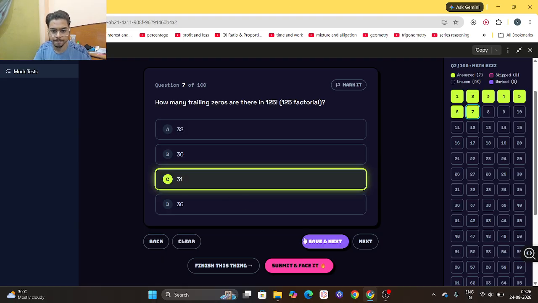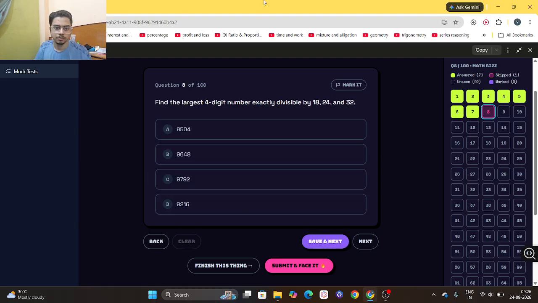Next. Find the largest 4-digit number exactly divisible by 18, 24, and 32. Largest 4-digit number exactly divisible by 18, 24, and 32. 18, 24, 32 LCM. Divide by 2: 9, 12, 16.